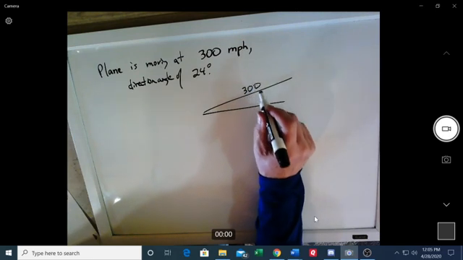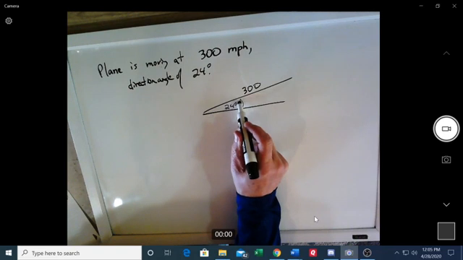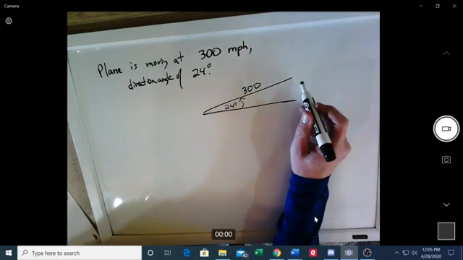This is 300. This is 24 degrees with the positive x-axis.